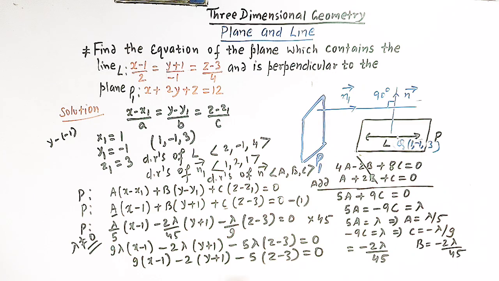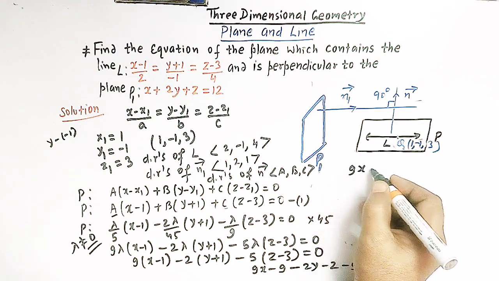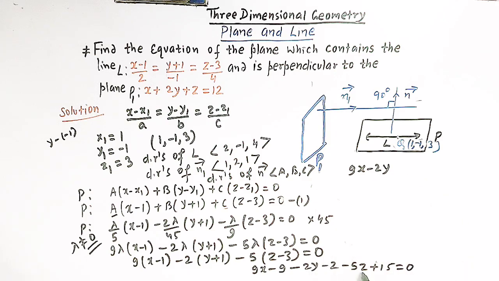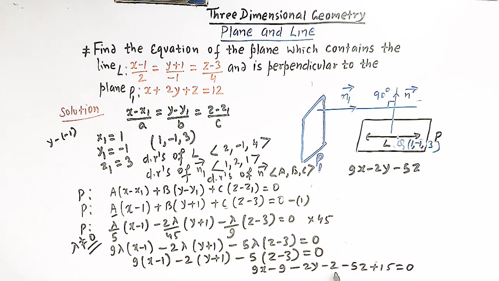So now let us simplify this equation. So we have 9x minus 9, then we have minus 2y minus 2, and then we have minus 5z plus 15 is equal to 0. So now we can write this equation as 9x minus 2y minus 5z, and here we have minus 9 minus 2 and plus 15.